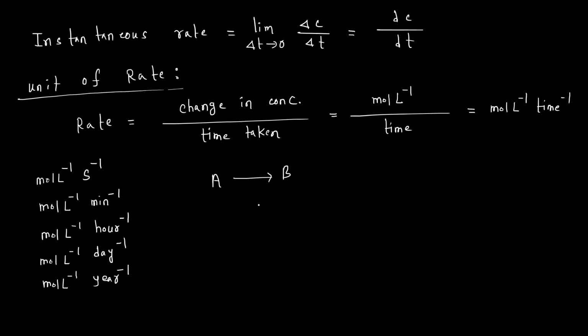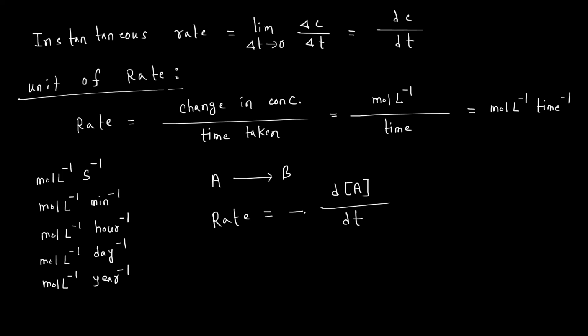We can express the rate of this chemical reaction in terms of A or in terms of B. As the concentration of A decreases as the reaction proceeds, we can write rate in terms of A is equal to negative sign change in concentration of A divided by change in time.